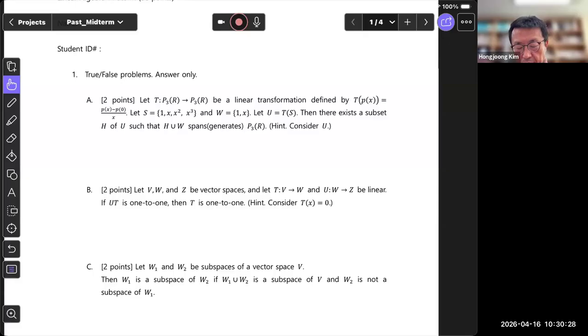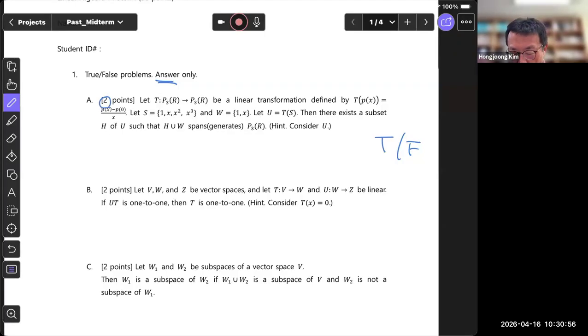The first problem was a true/false problem, and I'm asking for the answer only. In that case, you can just mark T or F depending on your belief, knowledge, or choice. Depending on your choice, you get 2 points or zero.